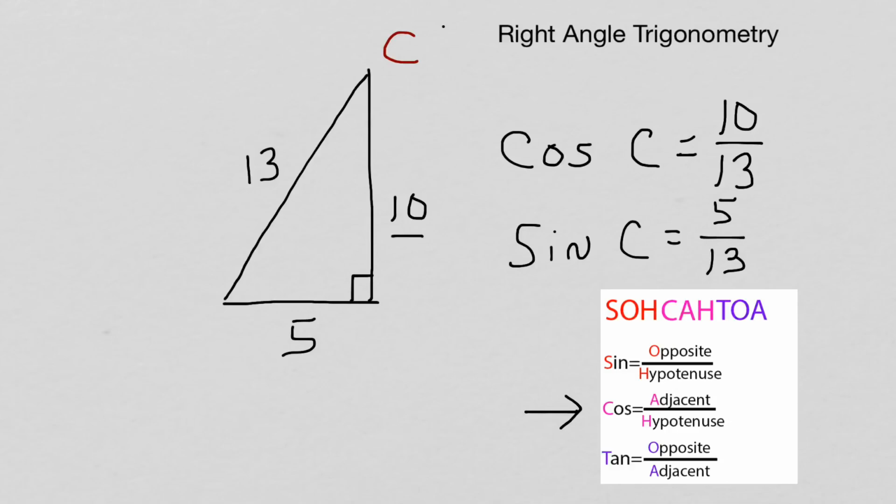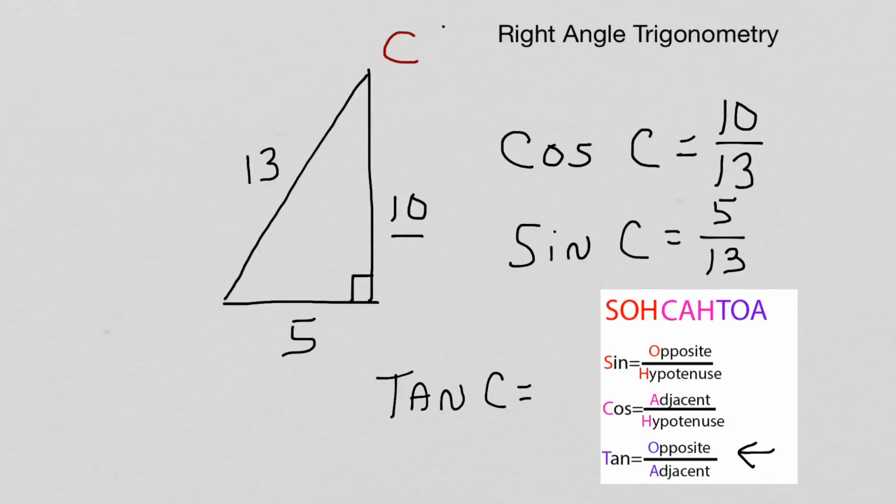There's actually, for each triangle and for each angle, 3. I could go ahead and erase. I can go ahead and do tan C also. Tan C equals, I go down and look, it's opposite over adjacent.